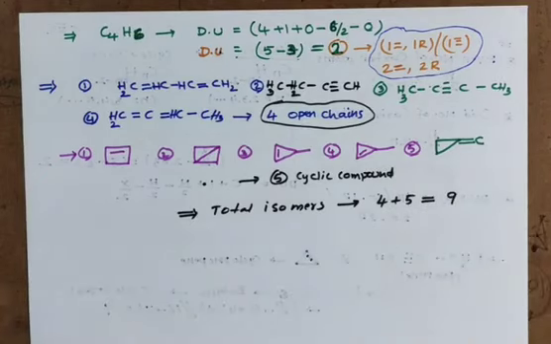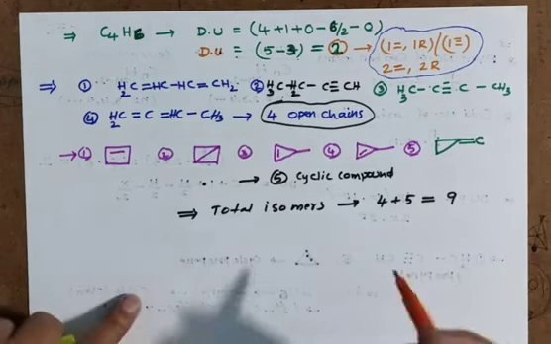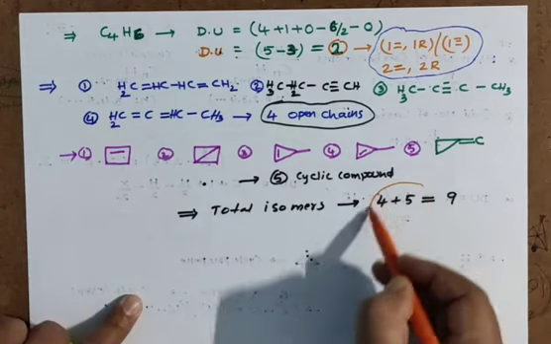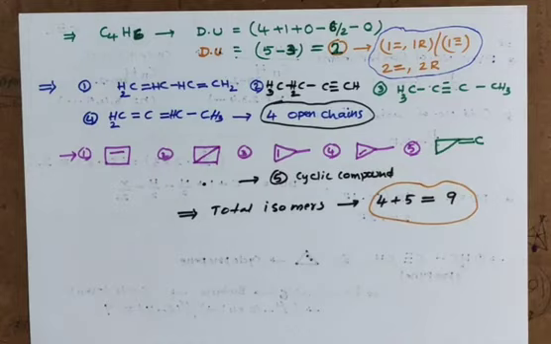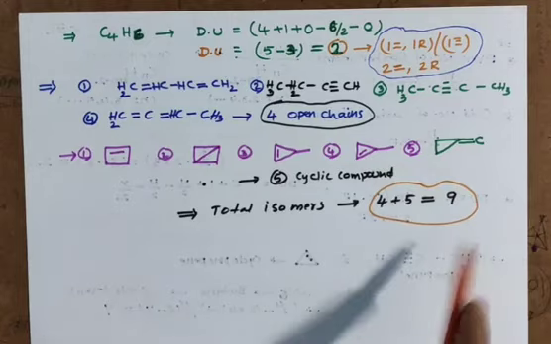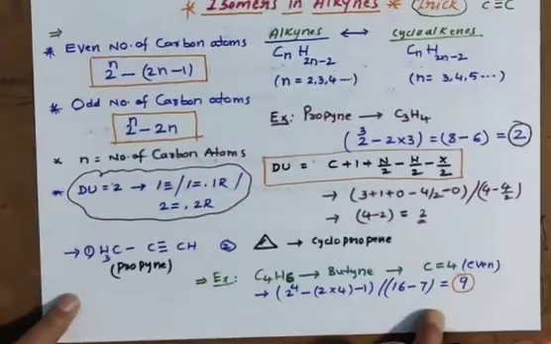So with C4H6, how many isomers are possible total? 9. How many you got? 9. So here I given already without proof.